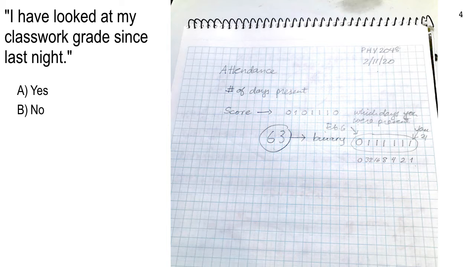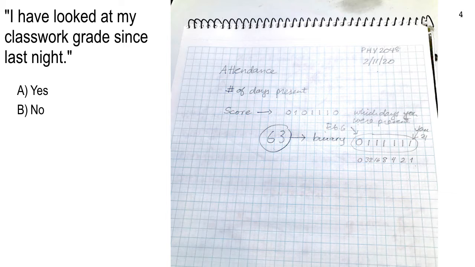Now there's only one figure for that, and that's the number of points you get. That's not the only part of your classwork grade, but it's a good part of it, because we also have classwork where we turn in lab data and stuff like that.